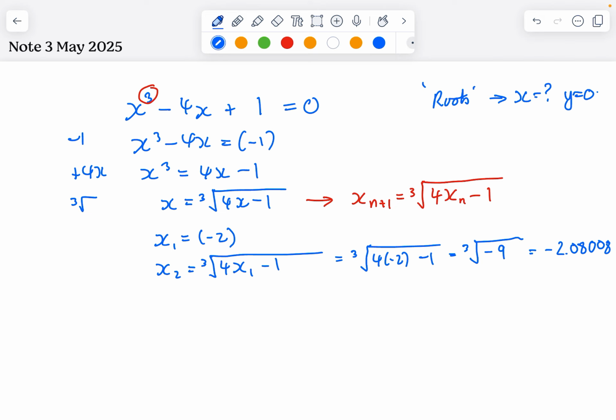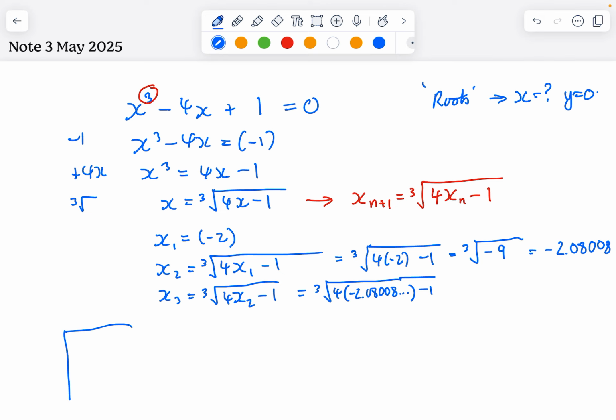Okay, now if we want x3, that's going to be the cube root of 4 times x2 minus 1, which is the cube root of 4 times our negative 2.08008 minus 1. Okay, and this is where we can start to use our calculator.